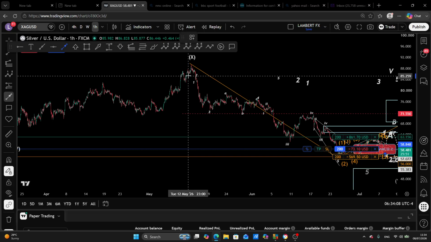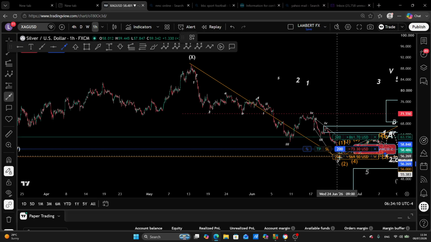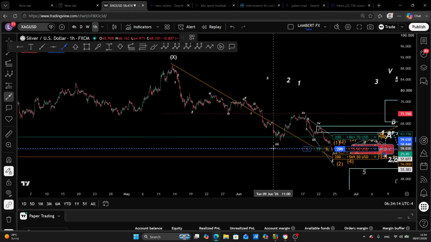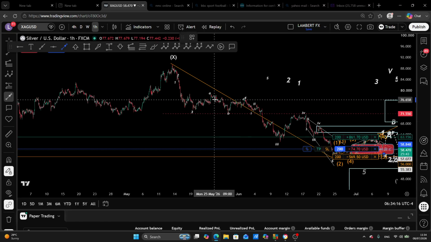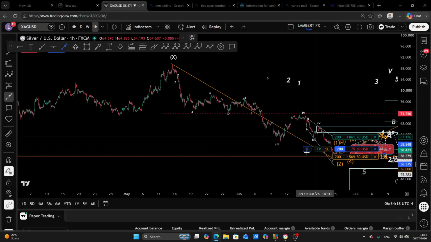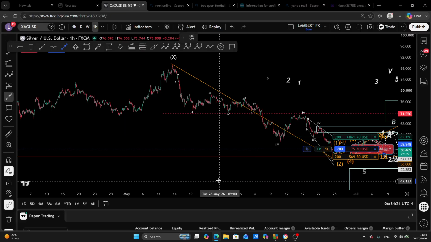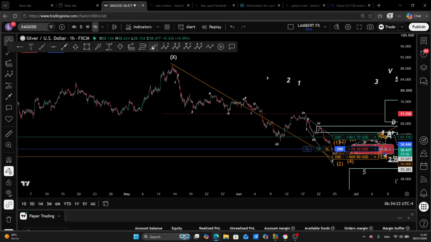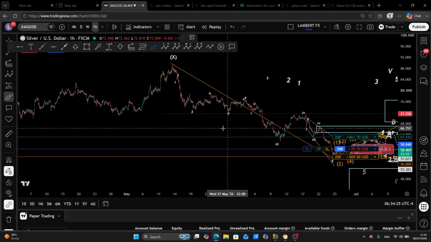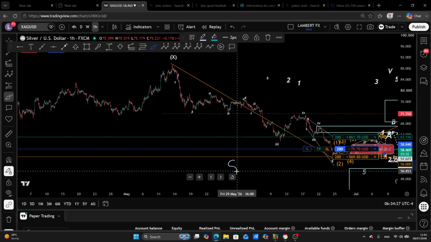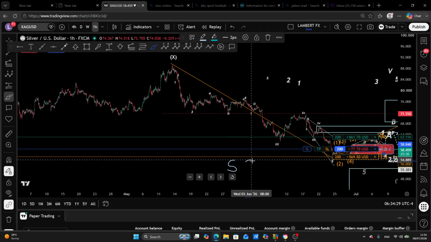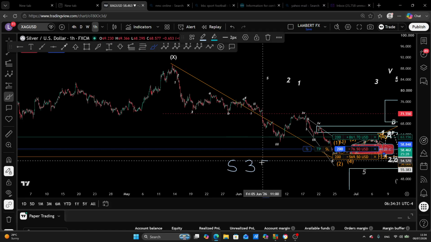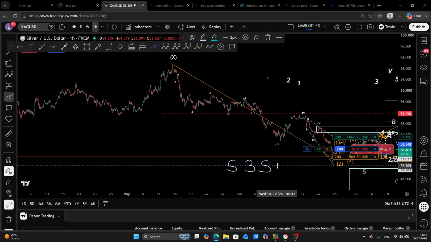So, not to prolong the video, this leg down here is a 5 leg down. In Elliott wave, we have a 5-3-5 corrective pattern.